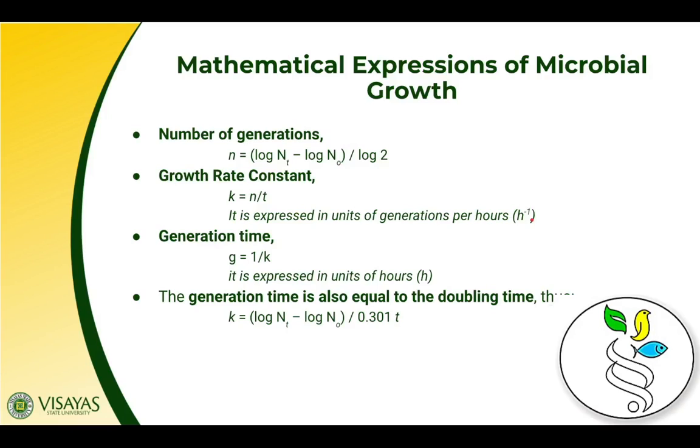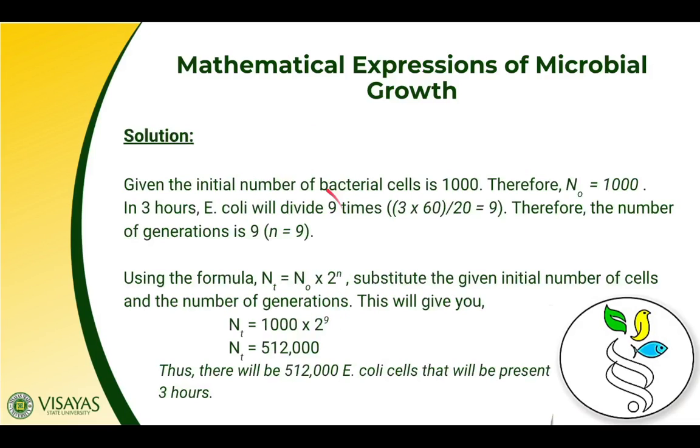So it is now asking about the final number of cells. How will you solve for that? Given that the initial number of bacterial cells is 1,000, therefore N0 is equal to 1,000. In 3 hours, E. coli will divide 9 times. So how did we get 9 times?